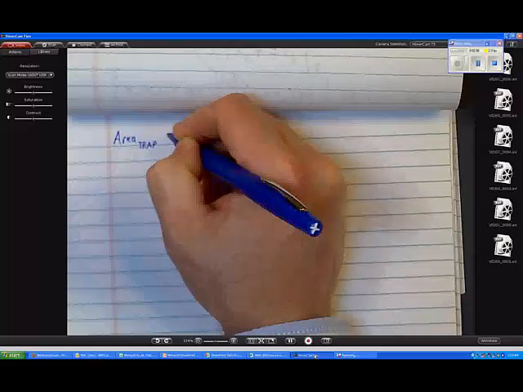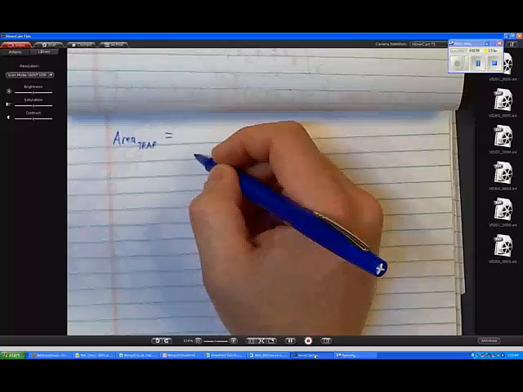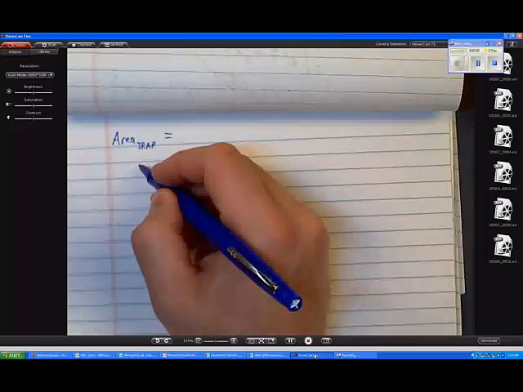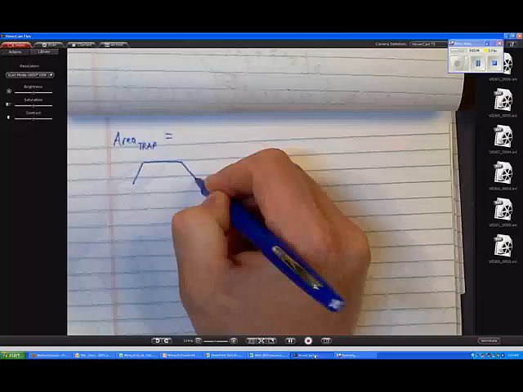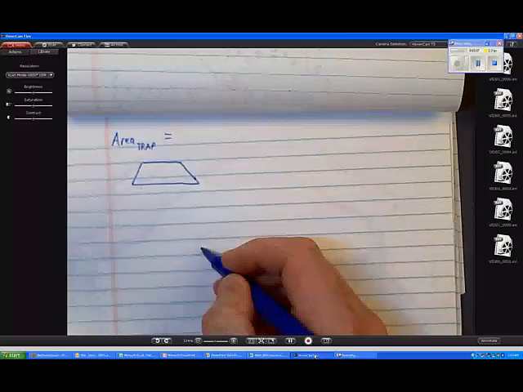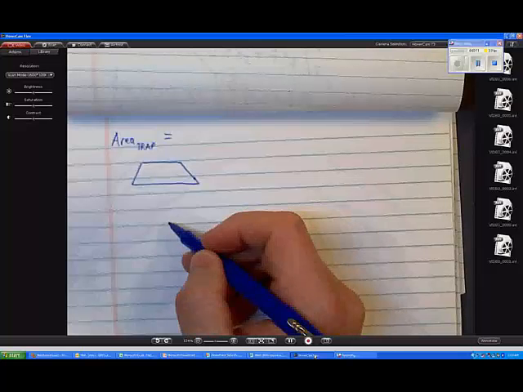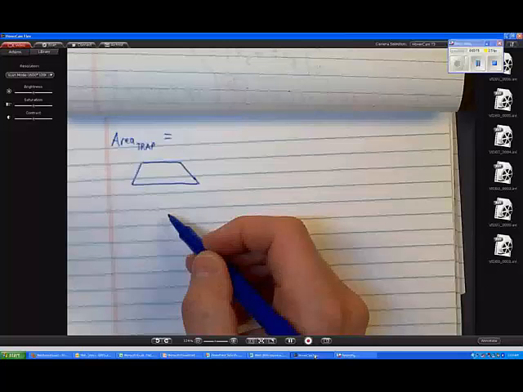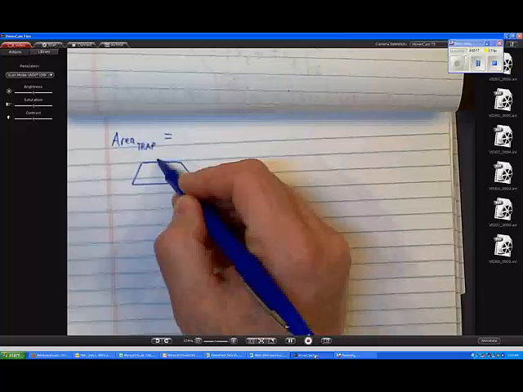I mean, I guess it depends how you were taught. I was always taught that trapezoids look like this. But that's not true. I mean, that is a trapezoid, but it's misleading. Trapezoids can look like lots of things. What's the key feature of a trapezoid? One set of parallel lines, okay?